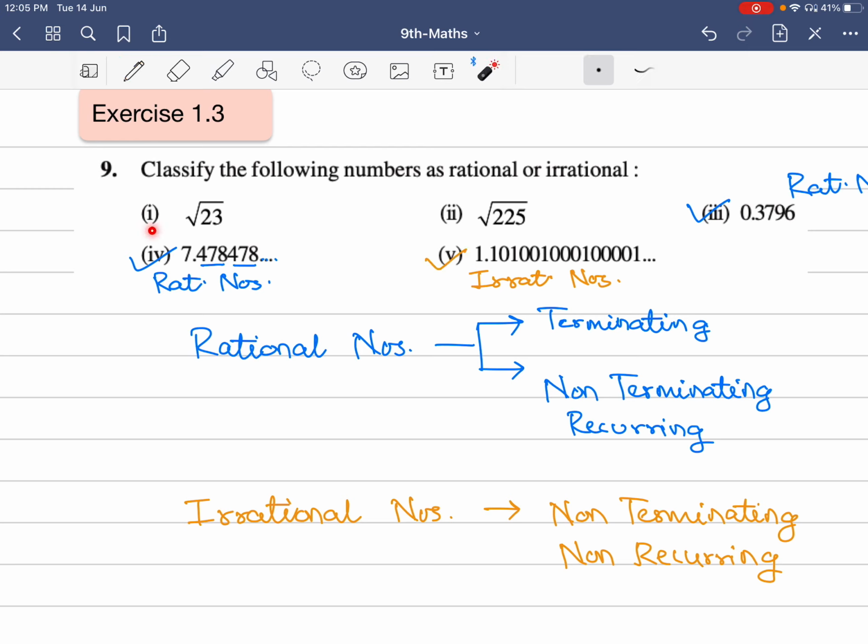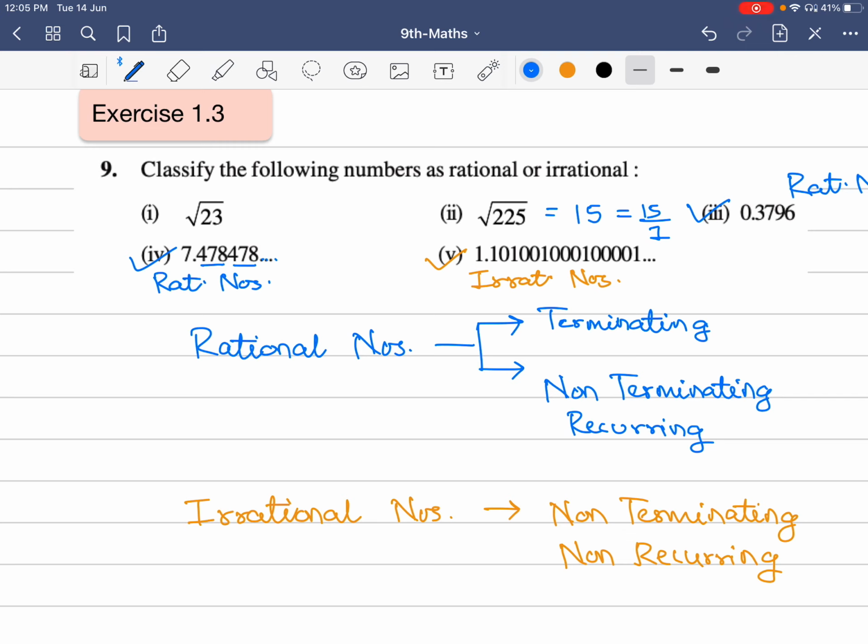Now we have two numbers remaining, 1 and 2. They are not very straightforward because we have been given square roots. First we'll start with number 2. It's the square root of 225. If you know the square root of 225, it's a perfect natural number, equal to 15. And 15 is a natural number, which can be represented in the form p by q, which is basically 15 by 1.